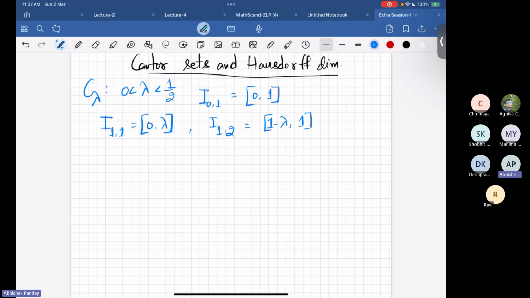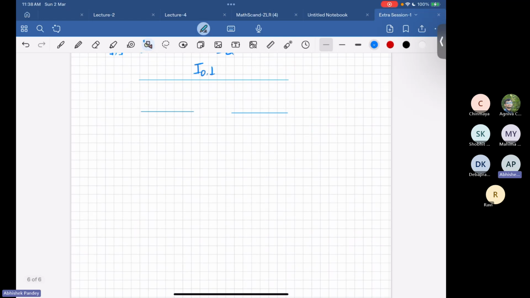This is our I 0 comma 1. Once we remove, we are left with these two intervals at the first stage, I 1 1 and I 1 2.